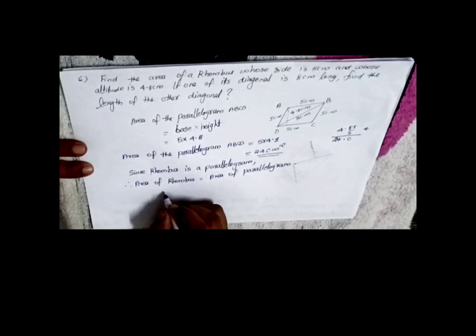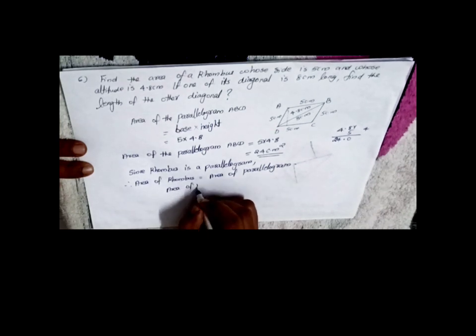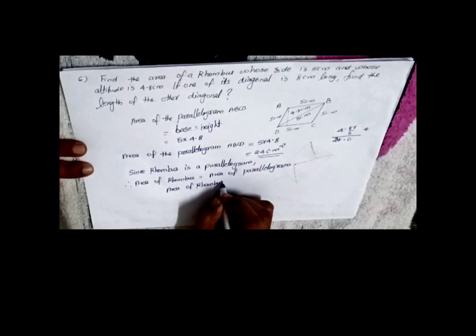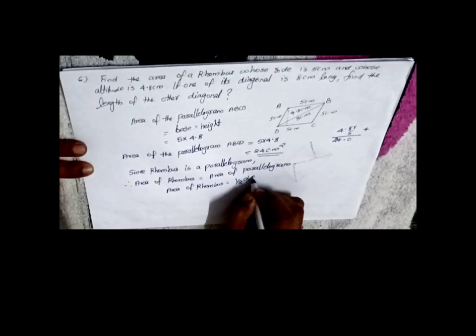That is, we know that area of rhombus is equal to half into d1 into d2.